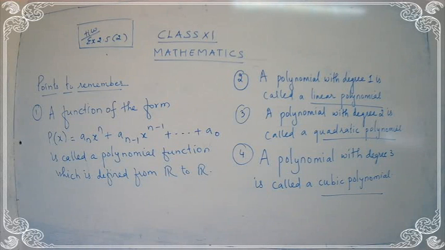So we are writing all the different polynomials, children. We have written linear polynomial, quadratic polynomial, and also cubic polynomial. And these are the terms that you have already learnt in your lower classes. So now we are going to deal with a new term. Let's go for the next point.